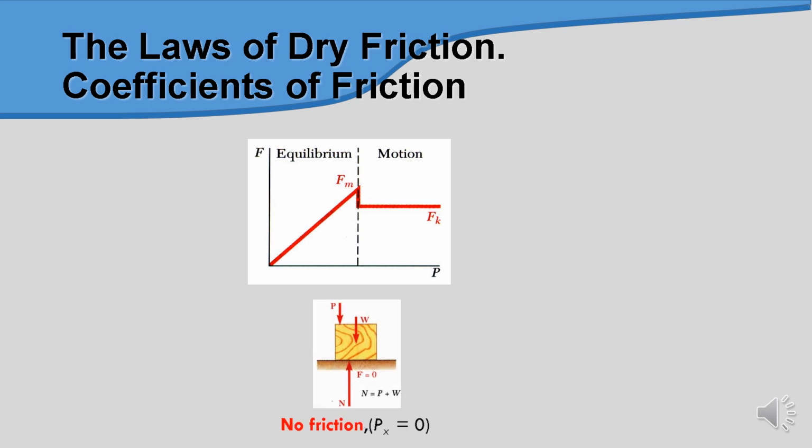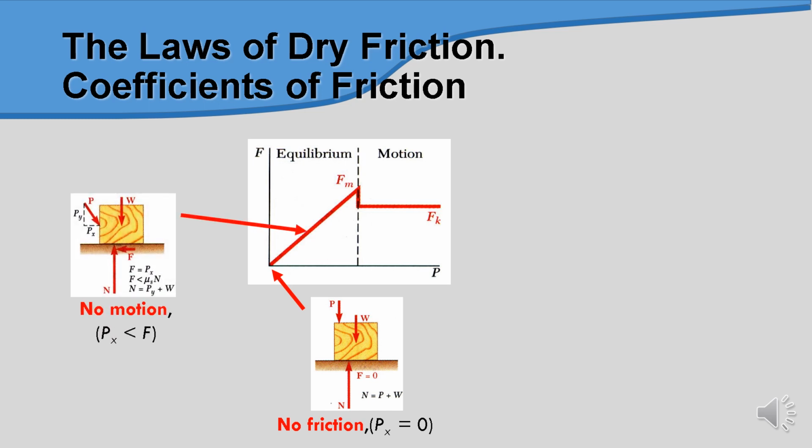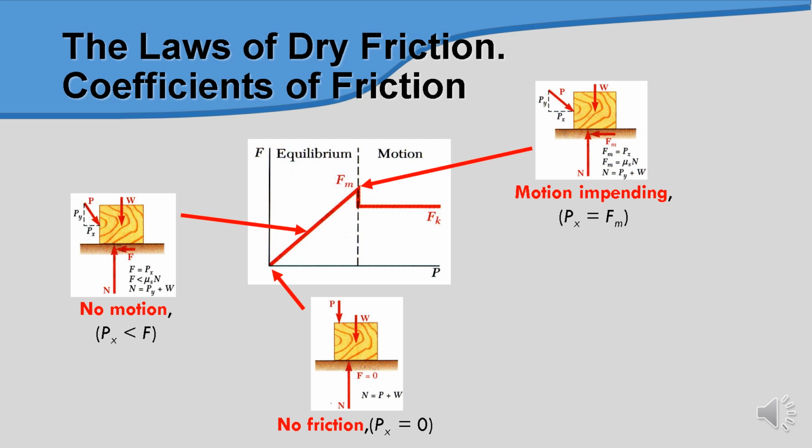So this diagram shows the various conditions when the value of P starts to increase. If we can see from this point of no friction, basically the condition starts here.